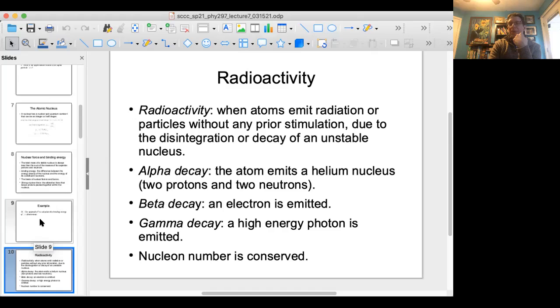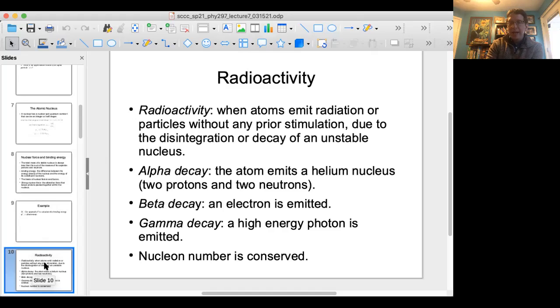For beta decay, we'll have to go into quantum chromodynamics, I believe it's called. But we'll talk about particle physics to explain beta decay. But the nucleon number is conserved in each process. So the total number of protons and neutrons is conserved.